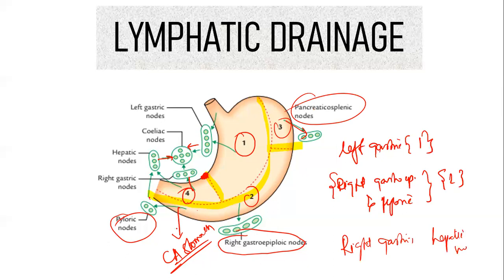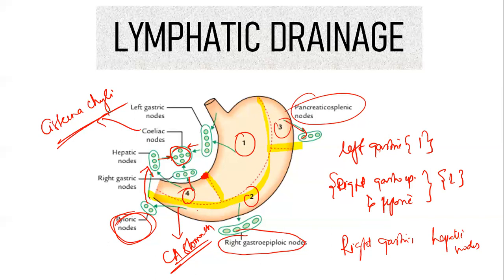The lymph from the pyloric nodes, related to area 2, also sends its lymph to the hepatic nodes. So finally, all the lymph collected from the stomach drains into the celiac nodes, and from the celiac nodes it enters the cisterna chyli. Very important.